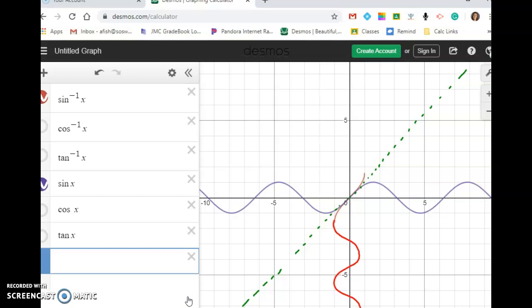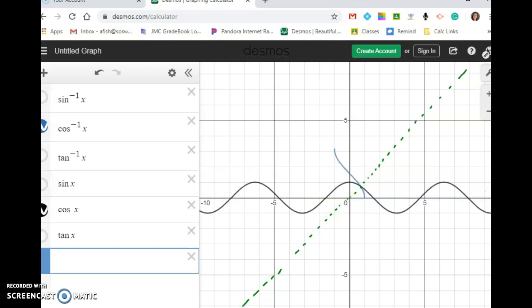So since it doesn't pass the vertical line test, we limit where our inverse sine function actually exists. Same thing occurs with our cosine graph. You can see that the reflection does take place for a little bit and then it cuts off, just like the sine function did.